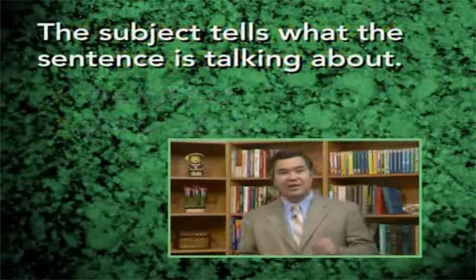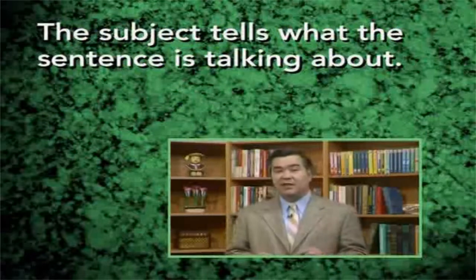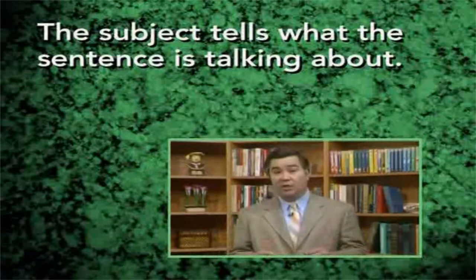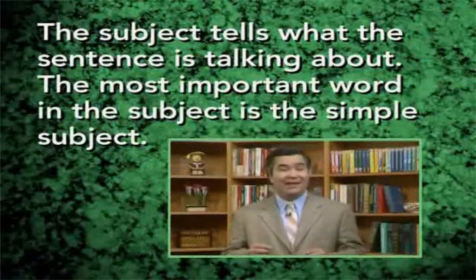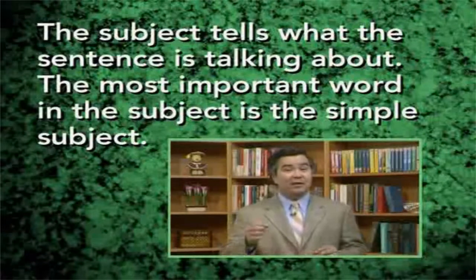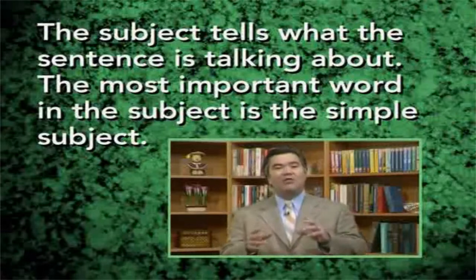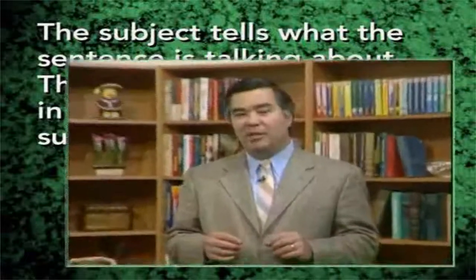The subject tells what the sentence is talking about. Now, the subject of a sentence may be only one word long, or it may include a number of words. In any case, the single most important word in the subject is the simple subject. The other words in the subject are there to give more information about the simple subject. And we'll see an example in a moment.